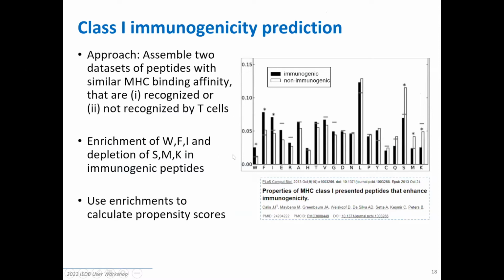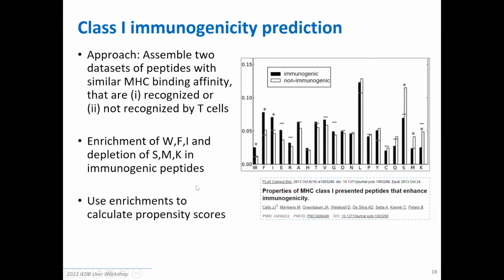And when we did that, and we looked at the distribution of amino acids in different positions of the peptides, we found that there was an enrichment of certain residues like tryptophan, phenylalanine, isoleucine, and the depletion of others, including serine, methionine, lysine.